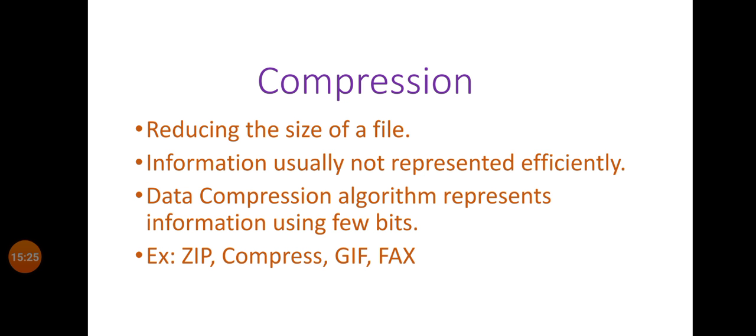For example, the compression techniques we can use are zip, compress, GIF and fax. You might have heard about zip. If you are sending a lengthy file, sometimes you might have heard, zip the file first, then send it. Such a notification you might have seen.